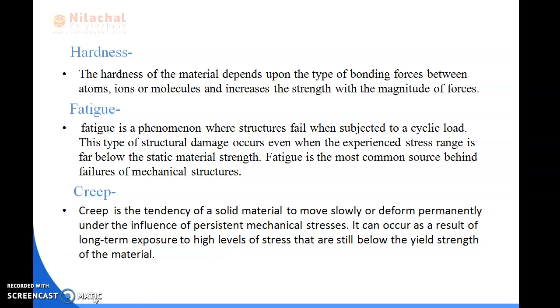Some materials are harder than others, like plastic or wood. Macroscopic hardness is generally characterized by strong intermolecular bonds, that is, the bonding forces between the atoms, ions or molecules.